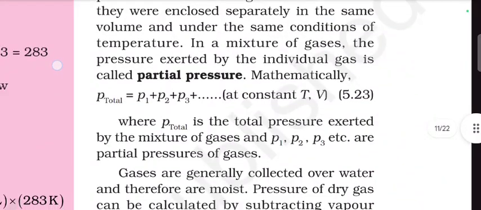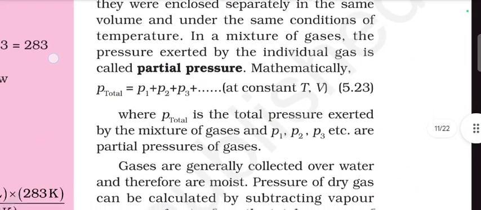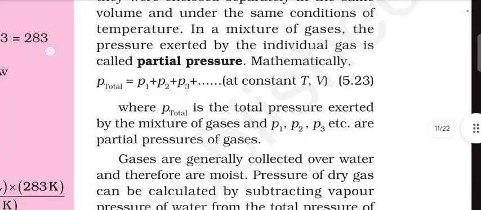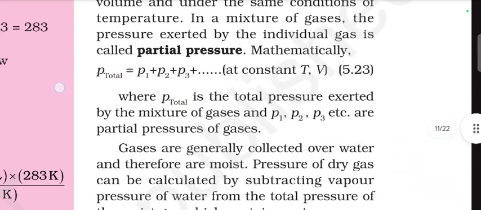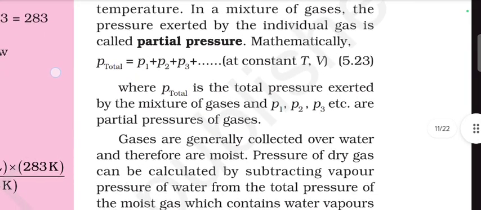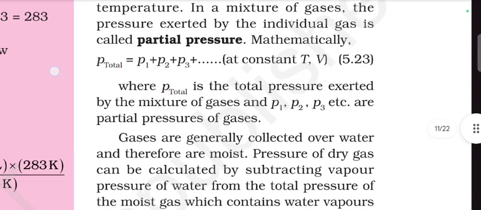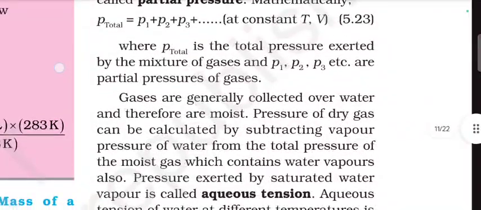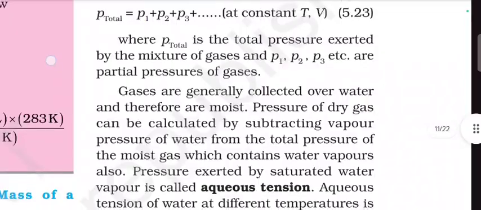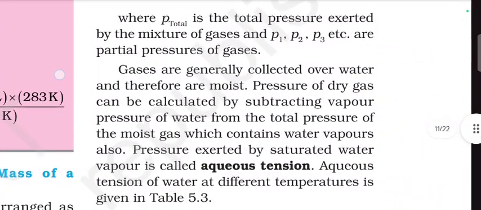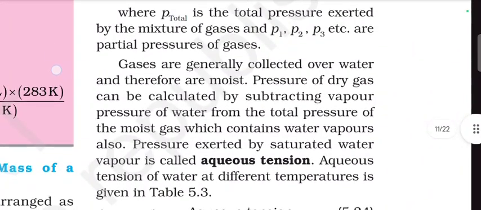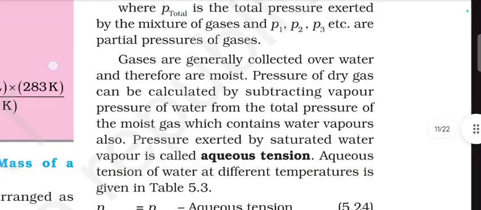In a mixture of gases, the pressure exerted by the individual gas is called partial pressure. Mathematically, P total = P1 + P2 + P3 + and so on, at constant temperature and volume, where P total is the total pressure exerted by the mixture of gases and P1, P2 and P3 etc. are partial pressures of gases.